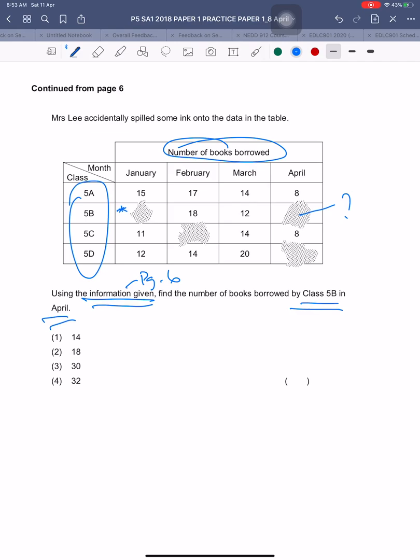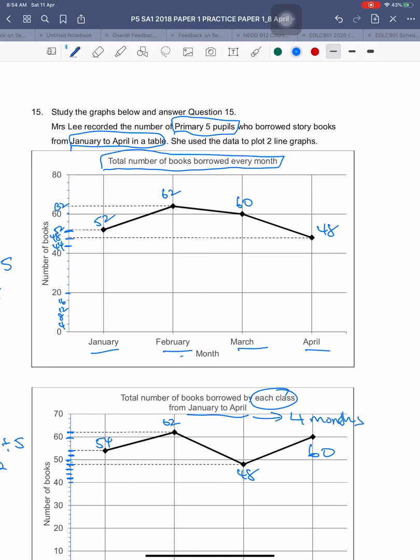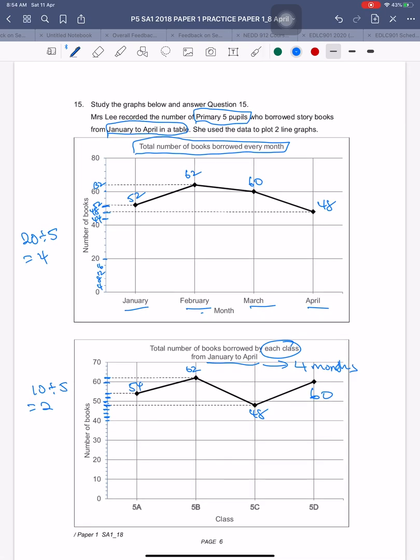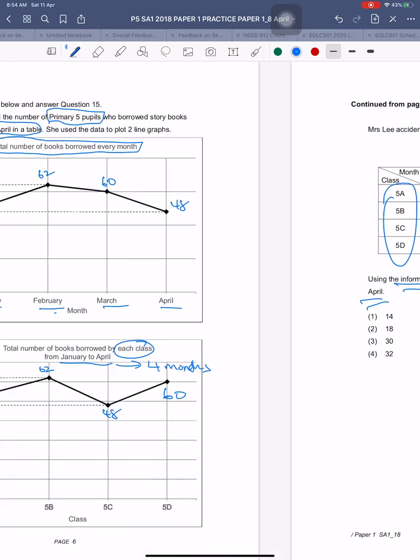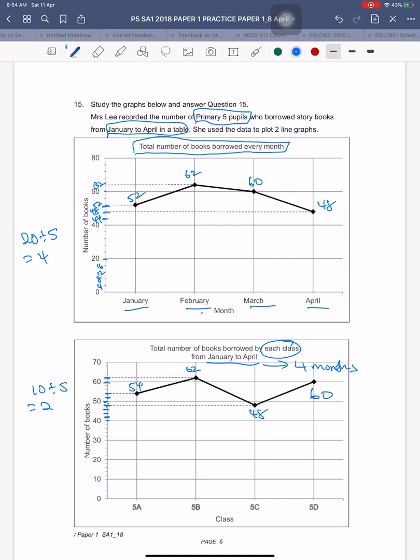So you need to refer back to your page 6. So let's look at this 5A. In order to look for this, you need to refer back to 5B. Okay, in January it's 52.